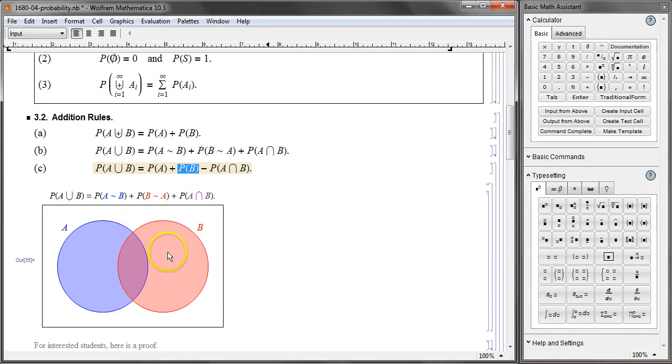That's the probability of B not A, where my mouse is right now, this red crescent, plus the intersection, the probability of the purple region here. So if I add these two up, the purple region, the intersection, is counted twice. That's why I have to subtract it away so that we have a fair comparison.